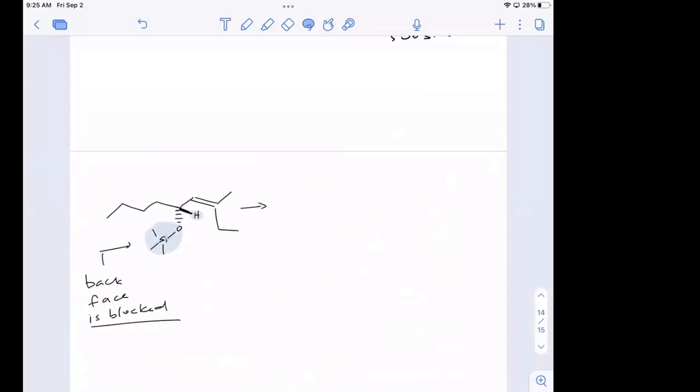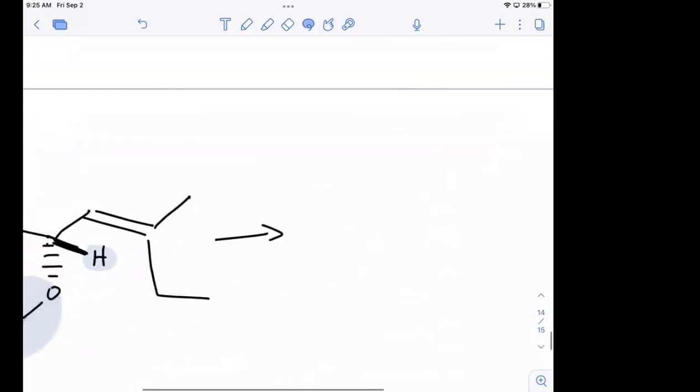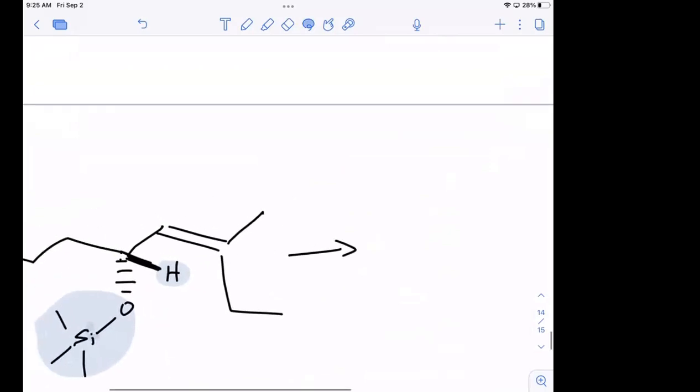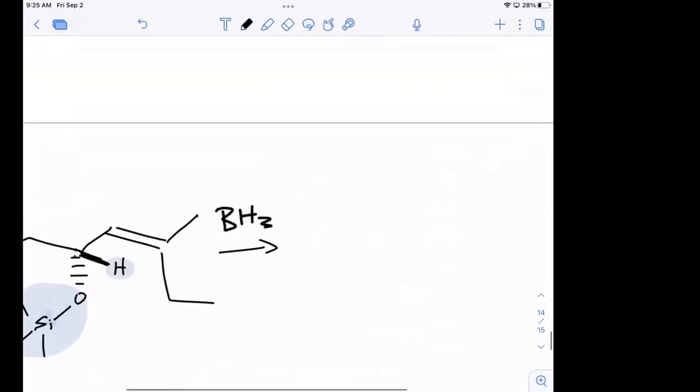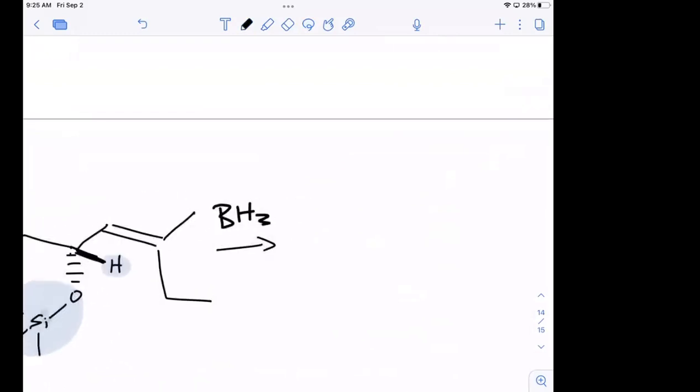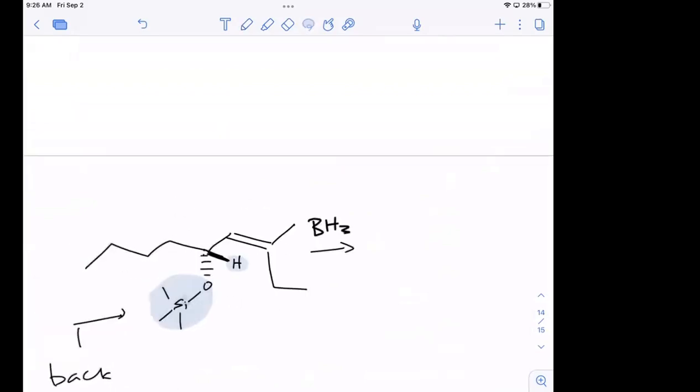When you do the hydroboration step, that boron is going to recognize the fact that the back face is blocked, and I'm speaking as if molecules are sentient, they're not. It's just the lowest energy pathway. All right, so when I add in BH3, that's going to come in and it's going to attack the front face. Let me just copy this.